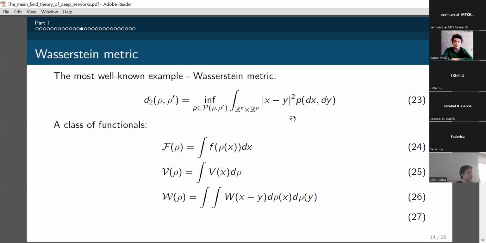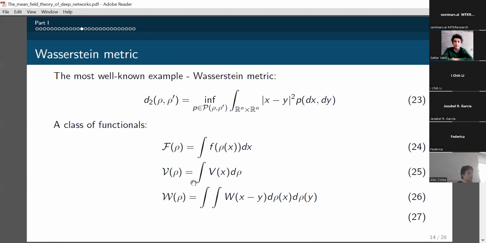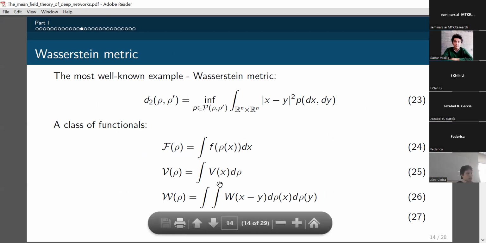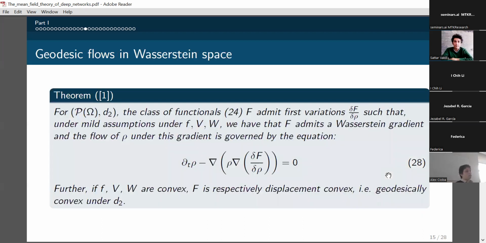But the idea being that for the most well-known example of this problem, which is the Wasserstein metric for probability distributions, a large class of functionals, which is given by 24, 25, 26, so integrals over scalar functions, integrals over potentials, integrals over symmetric kernels, will all admit well-defined first variations, where the Wasserstein gradient flow under rho is well-defined and is given by this equation.